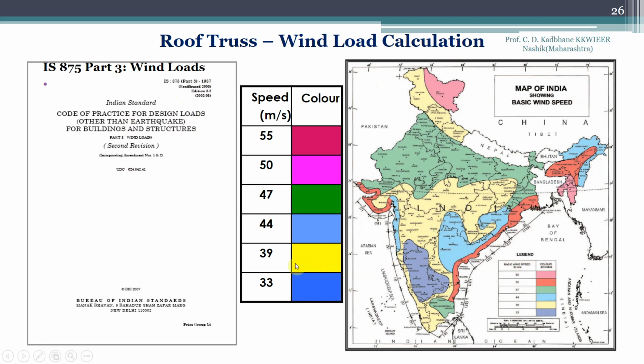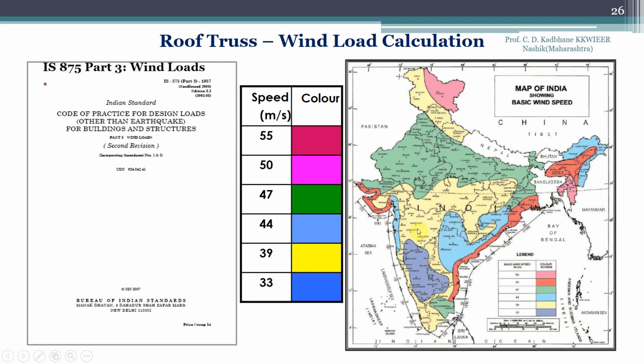Here, whatever yellow color is mentioned, that means our Nashik is lying there, along with middle India, some part of east Gujarat, the majority part of Maharashtra, south part of Madhya Pradesh, part of Bihar, part of Orissa, part of Andhra Pradesh, part of Chhattisgarh, and part of Karnataka.